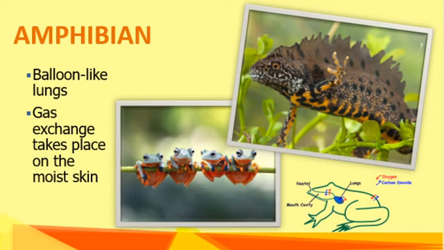Carbon dioxide is diffused out of their skin and oxygen is absorbed from the water. In this sample frog, gas exchange can also occur in their cheeks. They can also do buccal pumping. They also have their balloon-like lungs, and they can also exchange gases through their moist skin.